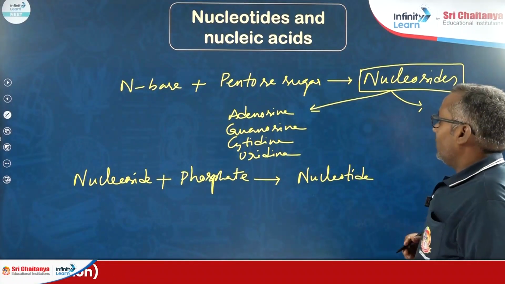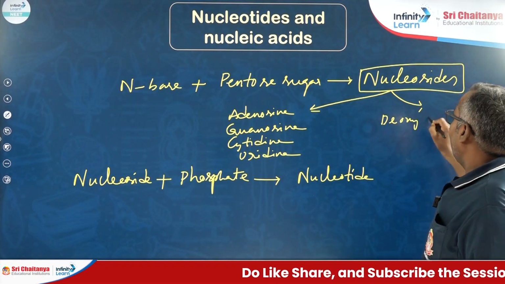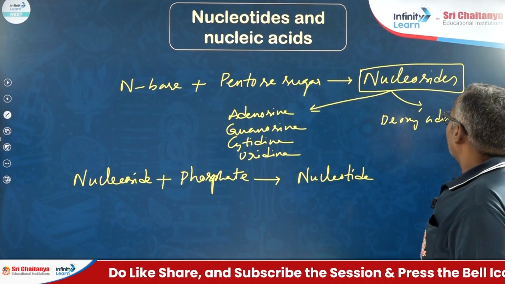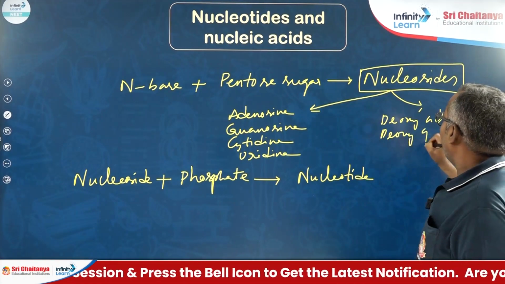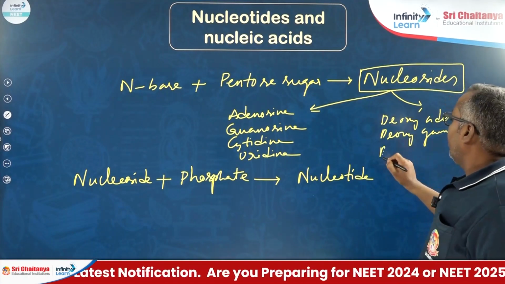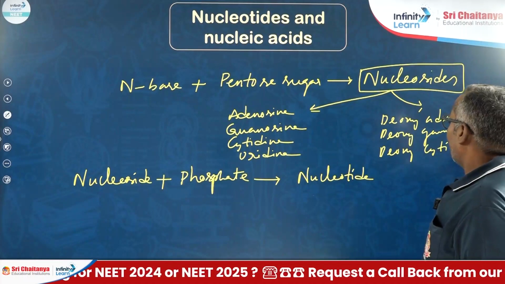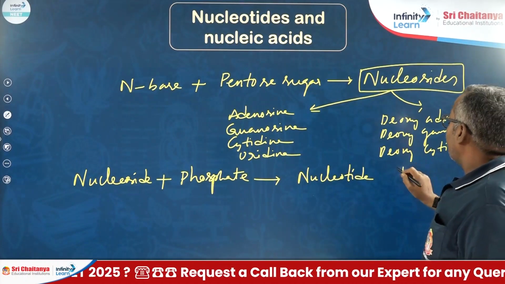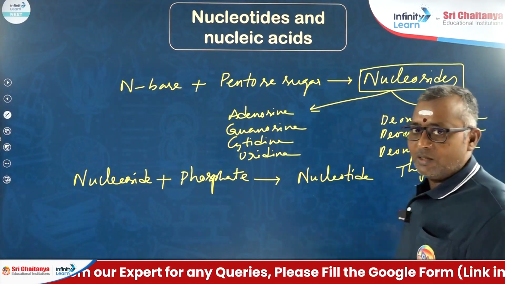If you take the DNA nucleosides, they are deoxyadenosine, deoxyguanosine, deoxycytidine, and deoxythymidine, or simply you can also call it thymidine.